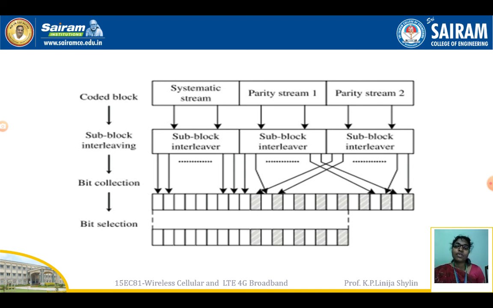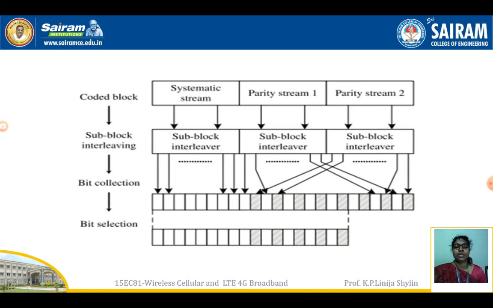But before selecting the output sequence bits, first we want to determine the sequence length. This sequence length is represented as capital L. On what basis can we select the sequence length L?